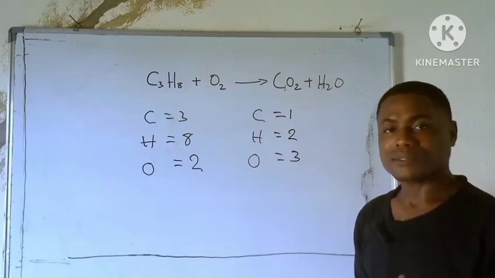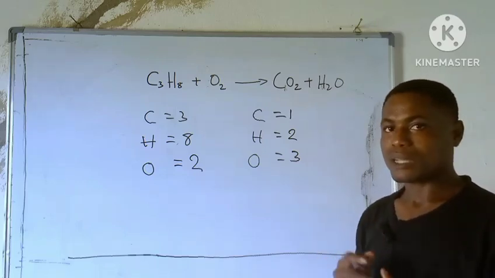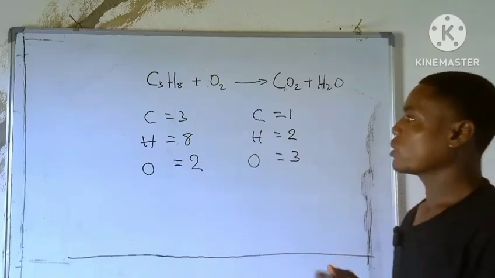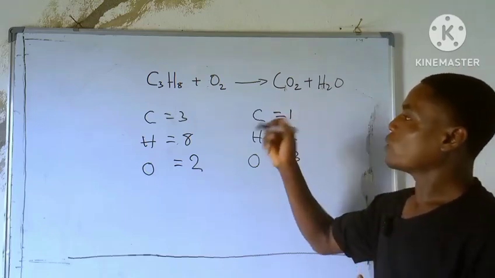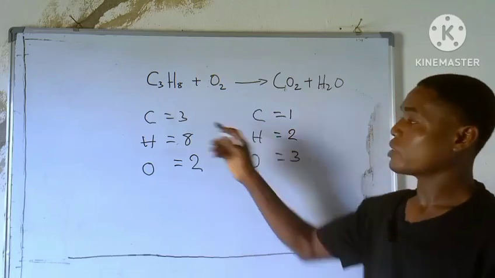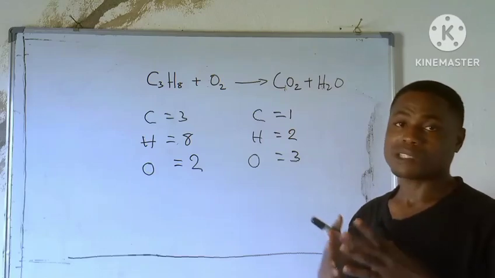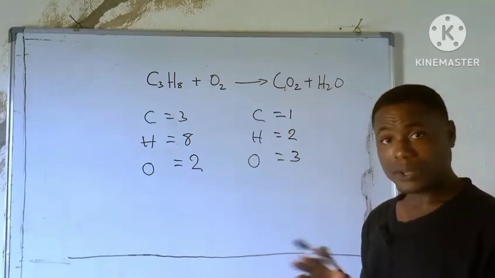Now, how can you identify that the chemical equation is balanced? This is how to identify a balanced chemical equation. When a chemical equation is balanced, both the atoms at your left side and the atoms at your right side must be the same, must be similar, must be equal. Are you getting it?